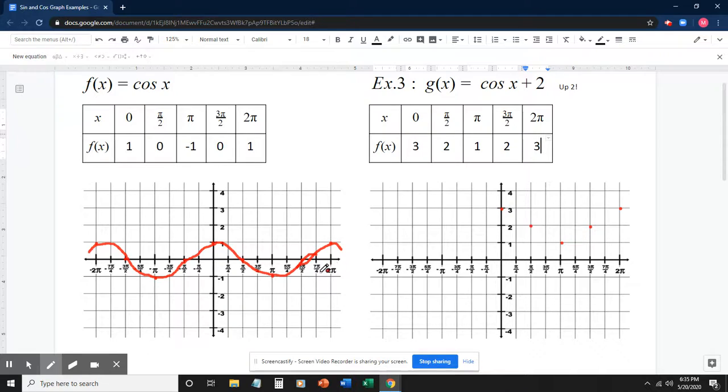Here, the middle of the graph is now 2 places higher, so the middle of the graph's at 2. So just bouncing back and forth between 3 and 1 now. It's going to go there, down to 1, back up to the middle, back up to 3. Okay, and then do your best to connect it.